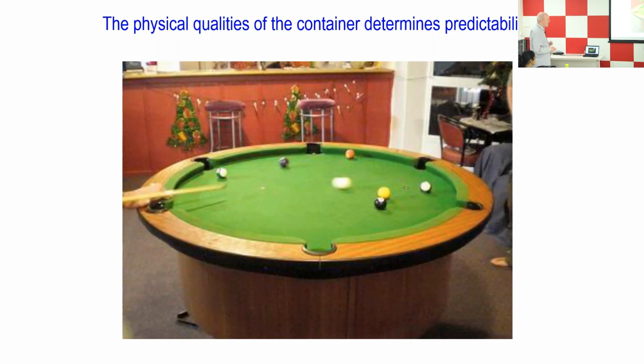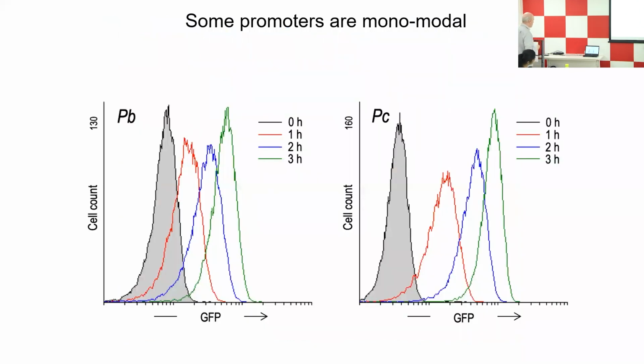So by the same token, in a cell, depending on the shape and the characteristics of the physical setting, gene expression can be very predictable or can be completely unpredictable, okay? So because of that, understanding what is going on inside the cell in terms of the intracellular architecture is so important.